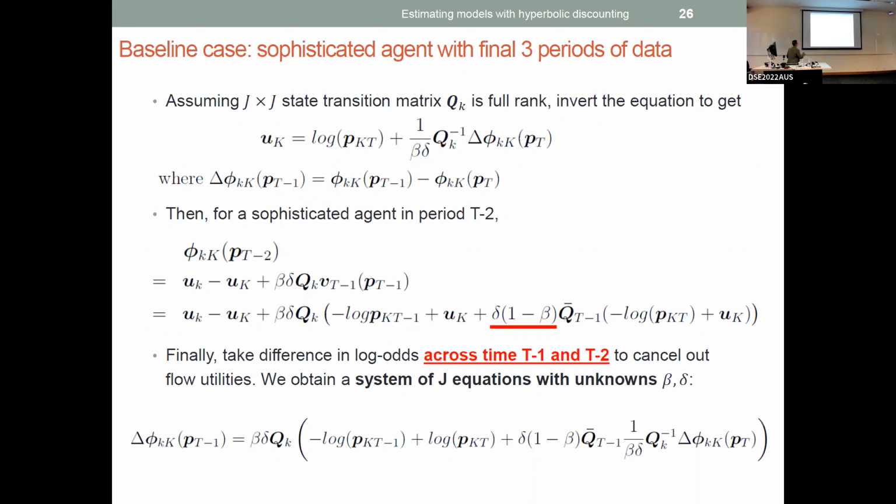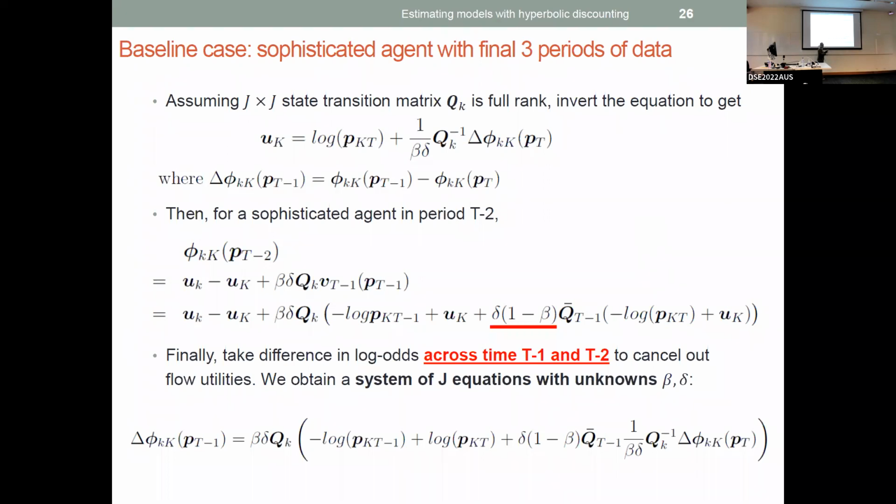And for a sophisticated agent in the second last period, we can write the same thing mechanically as utility contrast plus this term here. And after some substitutions, you get V big T minus 1 equal to this term here, involving this familiar term, negative log plus UK, plus some correction term involving delta and 1 minus beta.